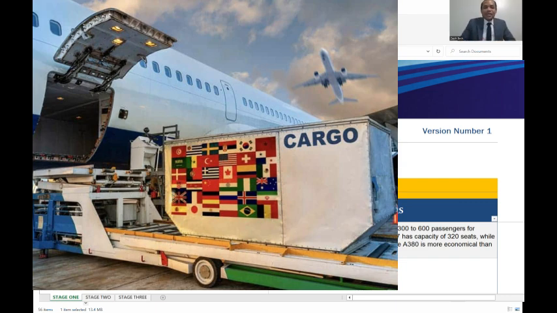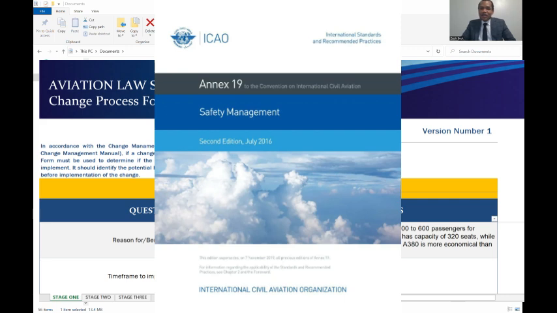All right. Annex 19, and that is the annex that I want to talk about in this seminar and session of aviation law, because through all the annexes from Annex 1 all the way through to Annex 19, there is a golden thread. And the golden thread is safety. And that's why aviation is considered the safest mode of transport.